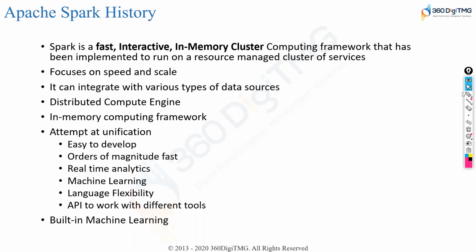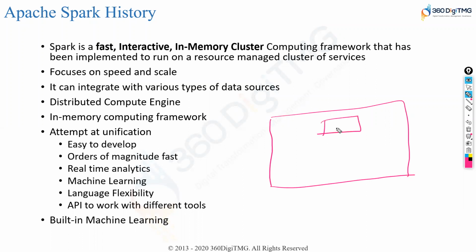So let's say this is my cluster. I'm drawing a cluster. So I have a name node. Let's say I also have resource manager in this. Then I have data nodes. Let's say these are my data nodes.